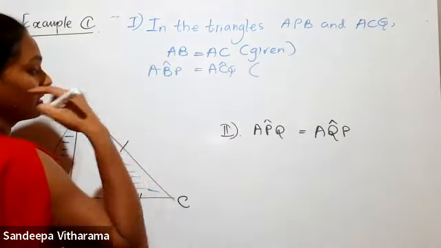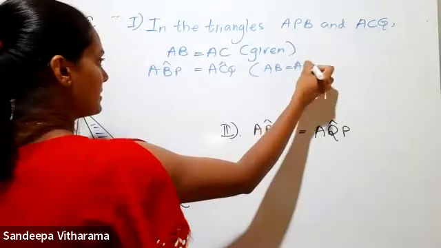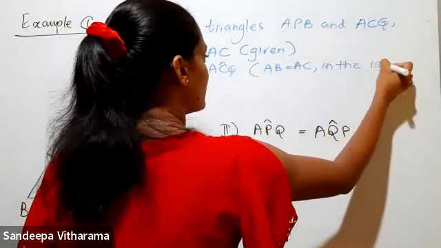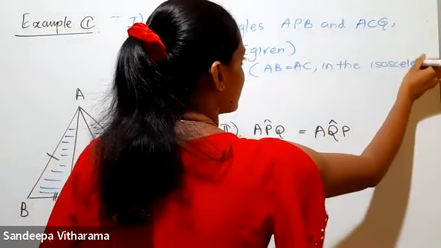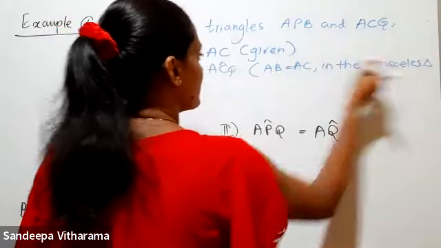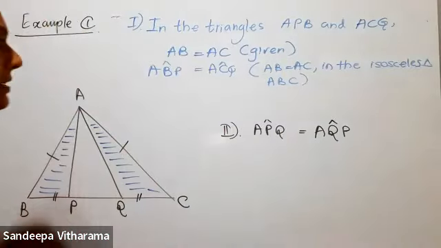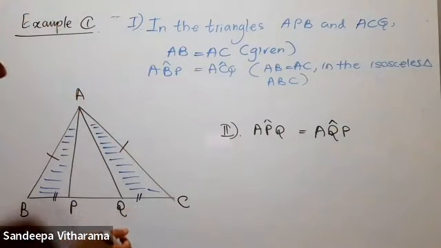Reason is AB equals AC in the isosceles triangle ABC, where AB and AC are equal.